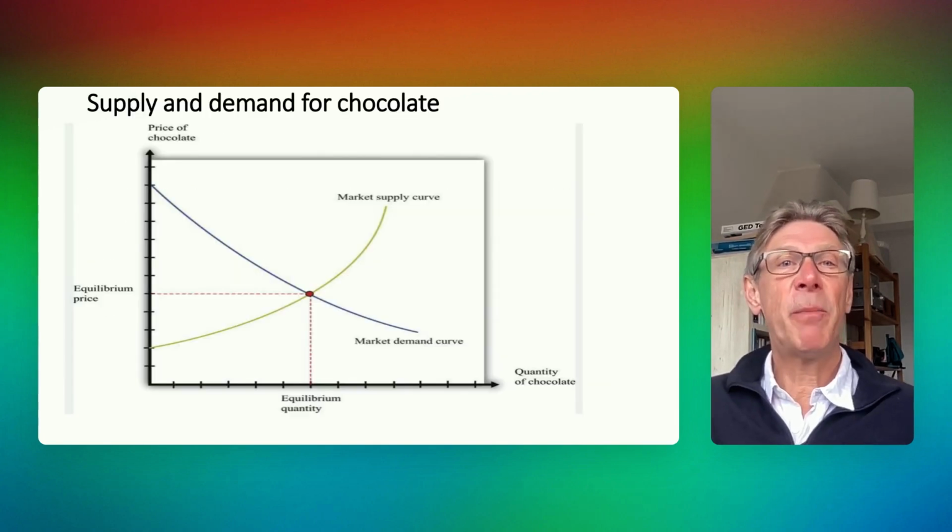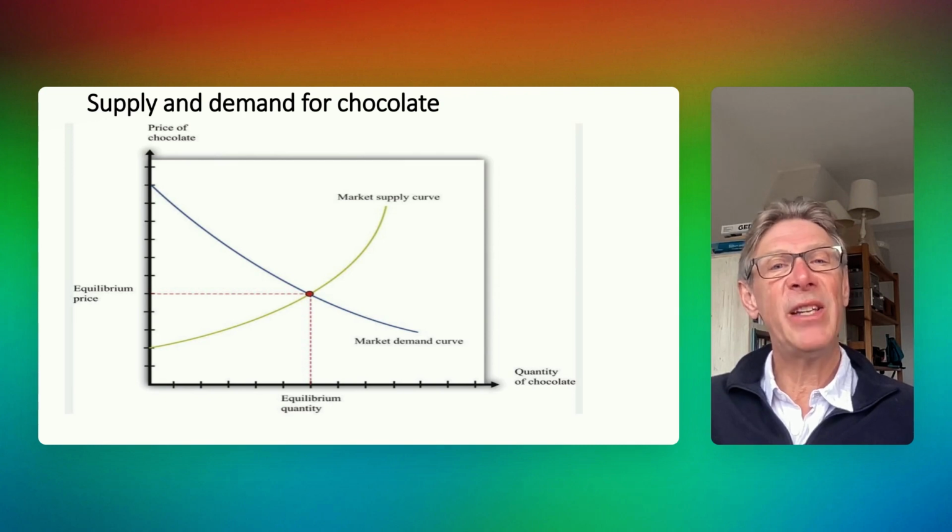Here we have the supply and demand for chocolate. This is just a make-up chart that we have here. And you can see on the two axes, you've got the price of chocolate and the quantity of chocolate. And you can see here there's a supply curve.